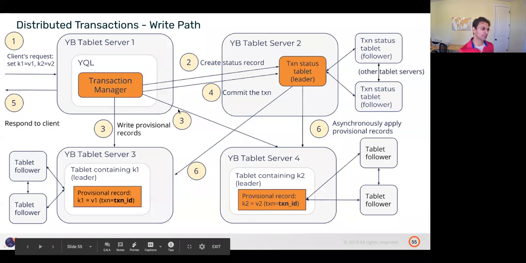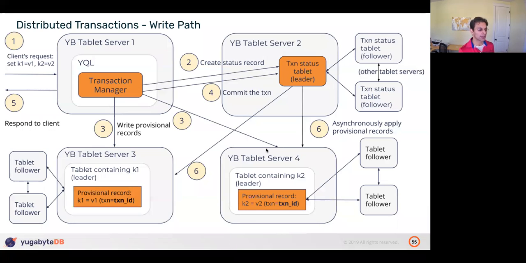So the transaction manager gives enough context, as a remote RPC call, to the actual tablet service that's executing the operation to say, this is what I'm trying to do. This is the transaction I'm a part of. This is the isolation level I'm running in, and so on and so forth, right?